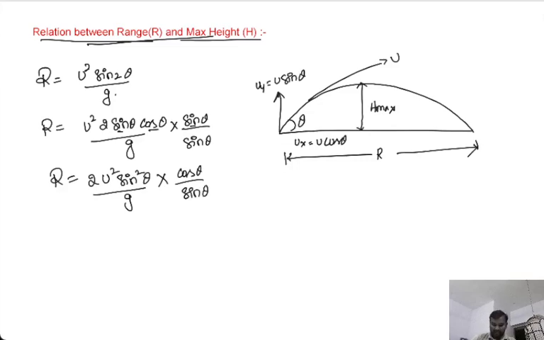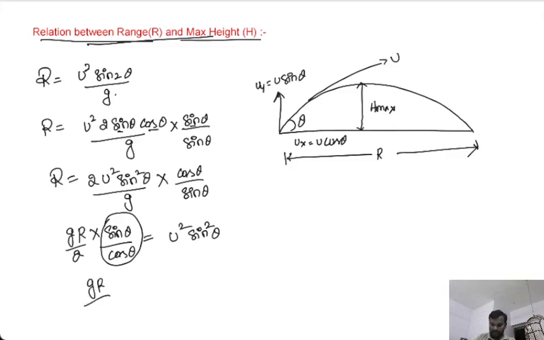This equation I write as gR by 2. Here dividing, this side it becomes multiplication. gR by 2 into sine theta divided by cos theta is equal to u square sine square theta. So here sine theta by cos theta is tan theta.